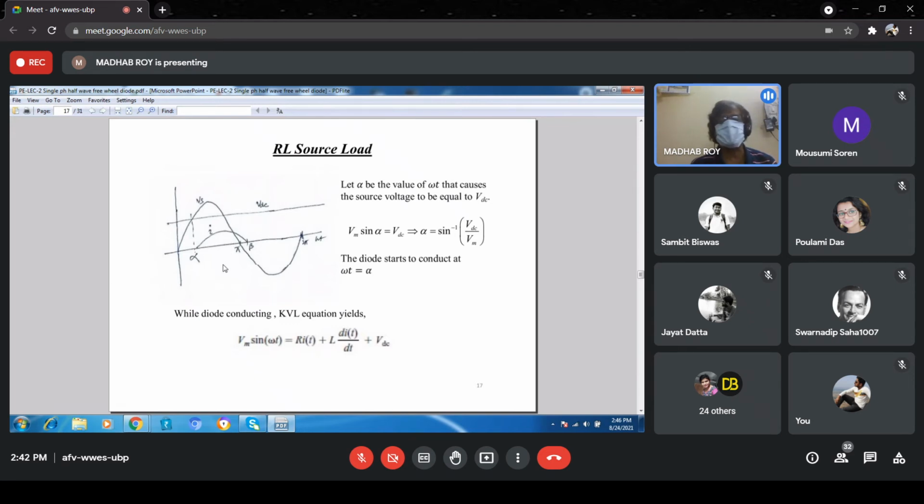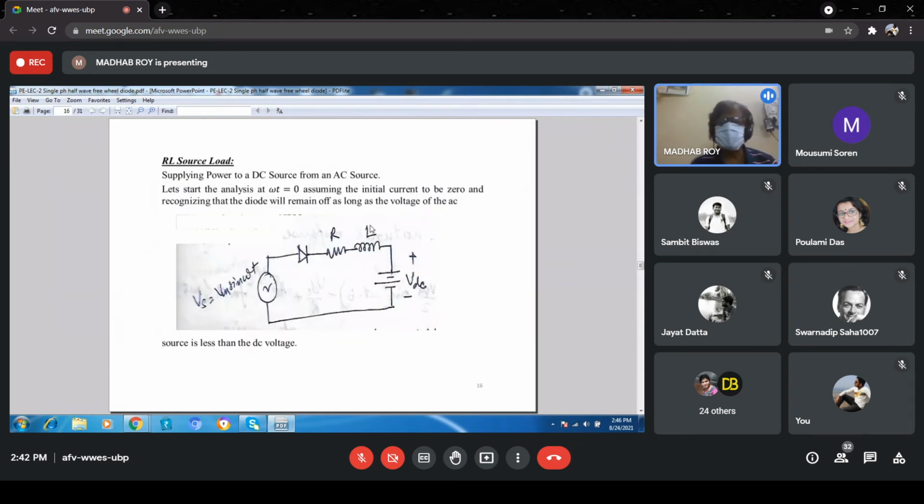But the problem is, already I have told you, the polarity of the inductance gets reversed due to the decreased rate of change of current, becoming the opposite polarity when the current is decreasing through it. So beyond that value, the diode will again be forward biased due to this reverse polarity voltage, and there will be an extension of the conduction.